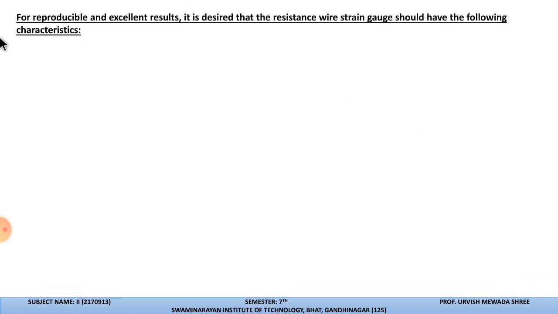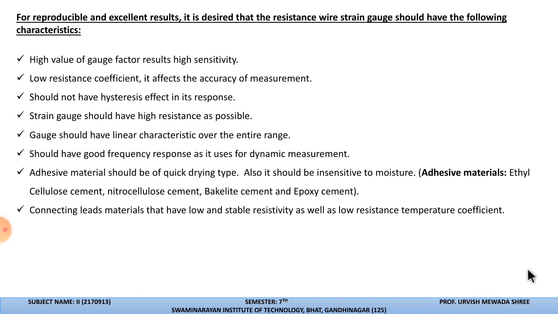Now these strain gauges have certain characteristics for reproducible and excellent results. Generally it is desired that the resistance wire strain gauge should have these characteristics. If these characteristics are satisfied, then we can use that gauge for industrial purposes with minimum error and good sensitivity. A higher value of gauge factor results in higher sensitivity, as we already studied in the previous slides.